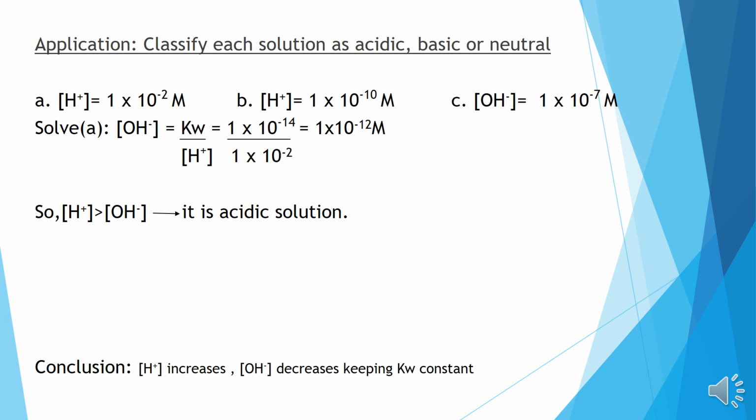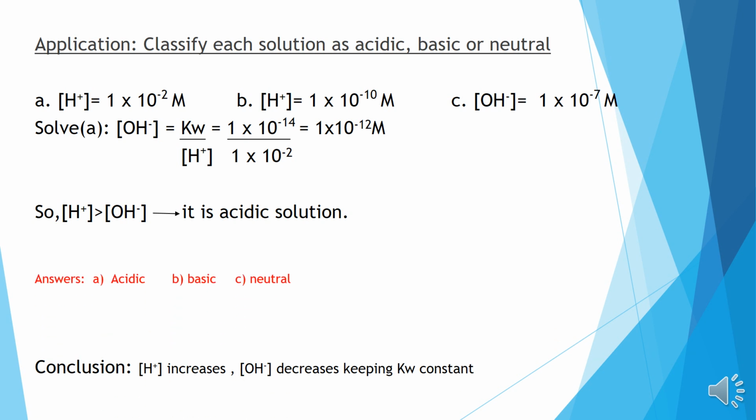So the concentration of OH- equals Kw over the concentration of H+. We substitute the values and we get 1 times 10 to the power minus 12 molar for the concentration of OH-. So compare these two ions. The concentration of H+ is greater than the concentration of OH-. As a result, it is an acidic solution.